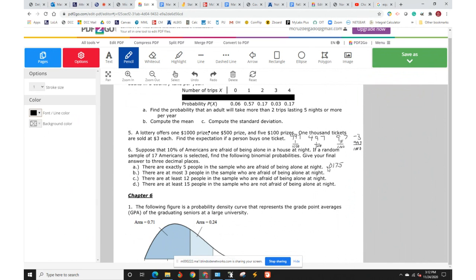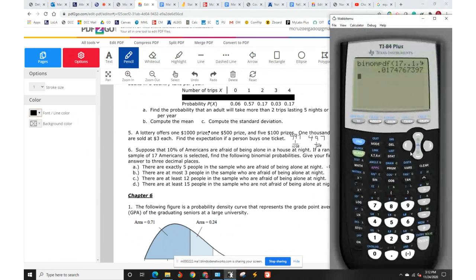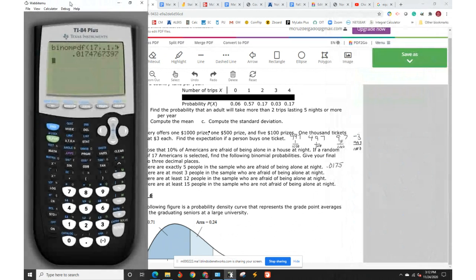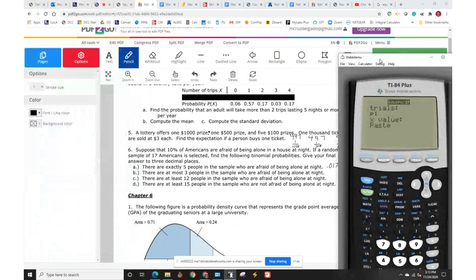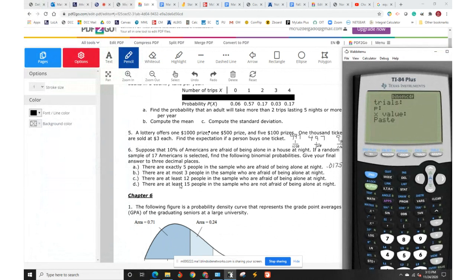All right, now here's where you got to watch, because you got to deal with your complements and all that. For all the rest of them, it's binomial CDF. At most, what does at most say?